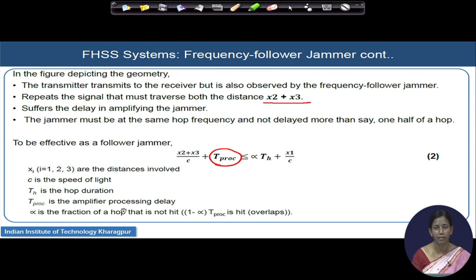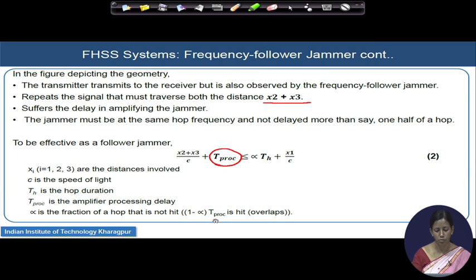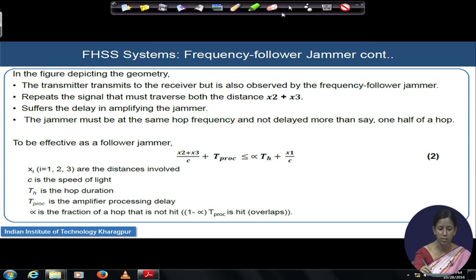Hit means within that you could not reach. So, (1 minus alpha) times TH will be the hit. Once you are hitting the time, the total time elapsed in the jamming path, if it is less than or equal to alpha TH plus x1 by c, then this is effective jamming. You should be able to succeed in jamming the whole stuff.